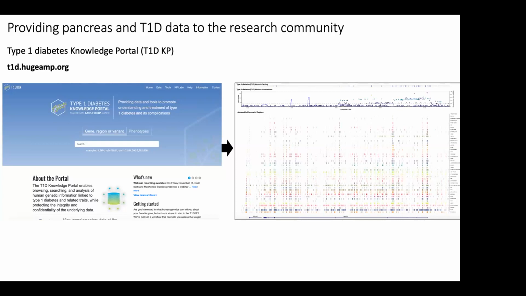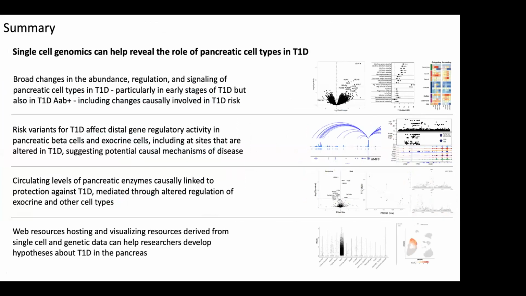So those are resources. Okay, so to summarize, I'm not taking up too much time. Total single cell genomics and other omics for certain projects can help reveal the role of pancreatic cell types in type 1 diabetes. For the first project, using data generated from NPOD samples, we saw broad changes in the abundance, regulation, and signaling networks of pancreatic cell types in type 1 diabetes, particularly beta cells, but other cell types as well.